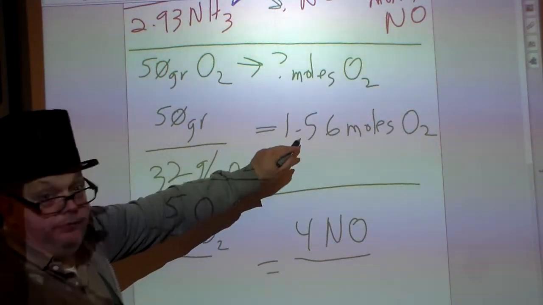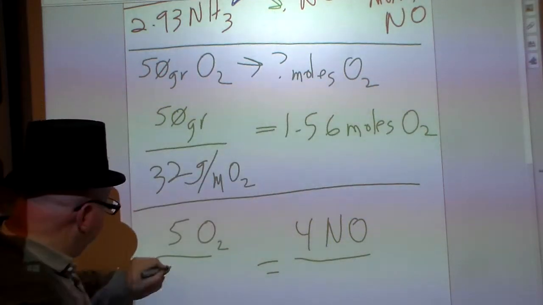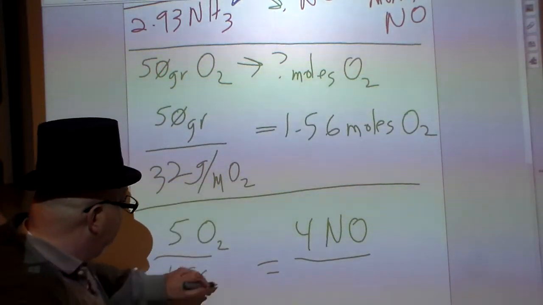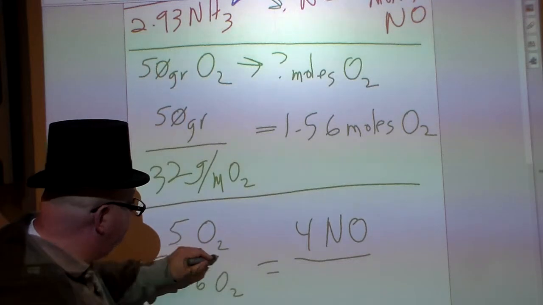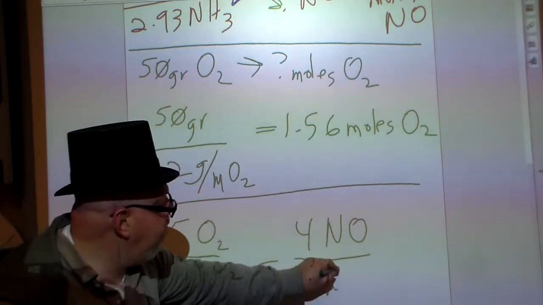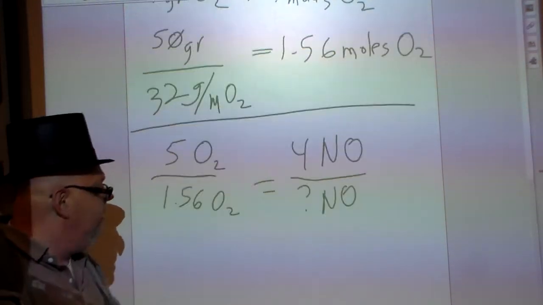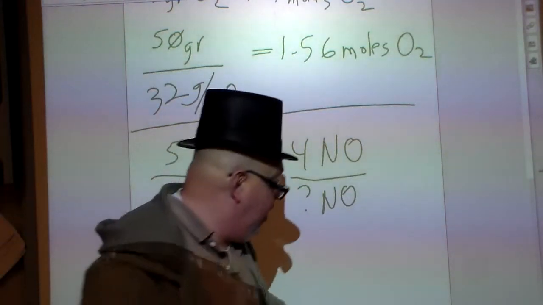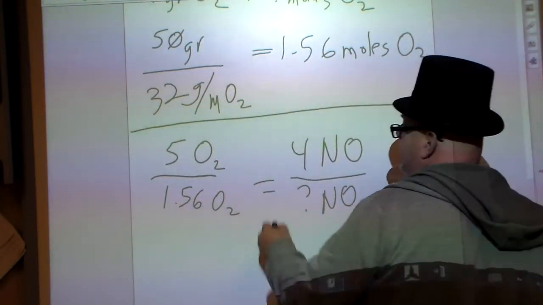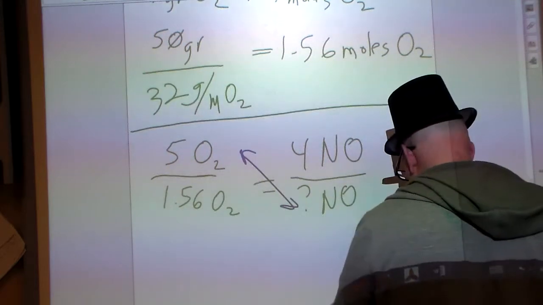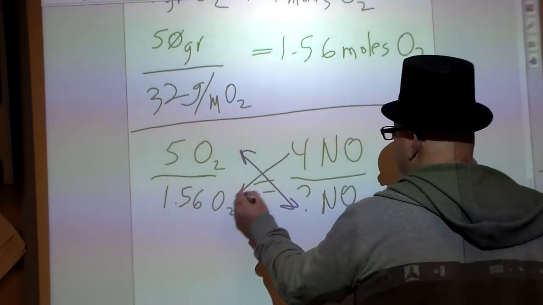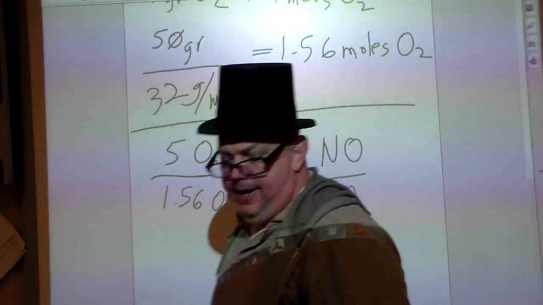And now, based off of our calculation, we got 1.56 moles of O2, and we don't know how many moles of NO we are going to get. Now in this case, unlike the other example, where it was pretty easy, you still need to cross multiply and divide. That just makes it a little bit easier for everybody.